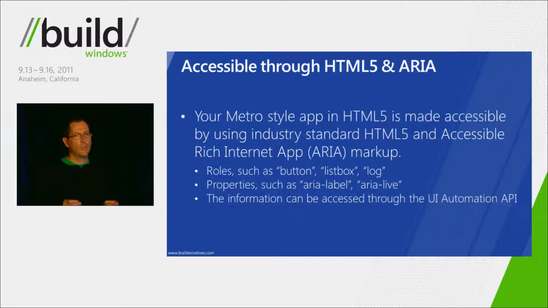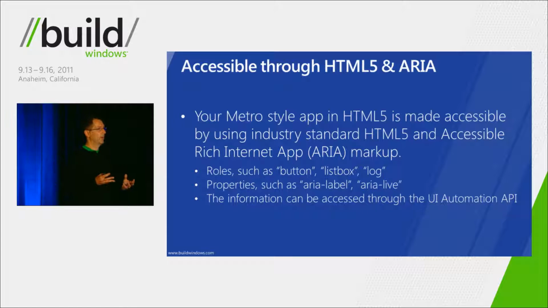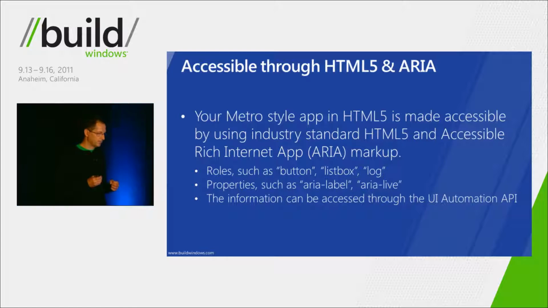How this is done is using HTML5, the accessible features of HTML5, along with the ARIA markup. That's the Accessible Rich Internet Application specification. And these are industry standard. There's a ton of information about these technologies on the web, the W3C sites and others, that give you a lot of details and also guidance on best practice of these technologies.